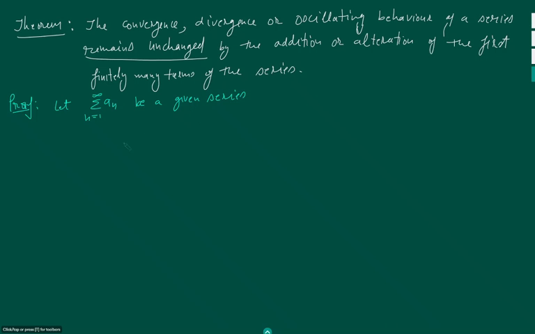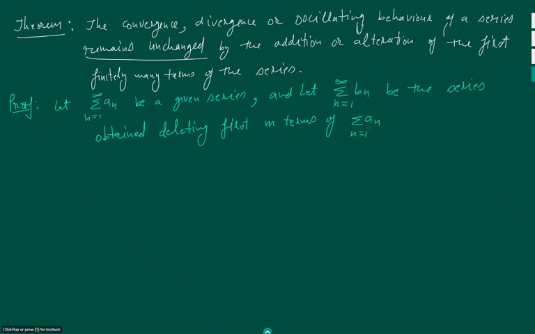And let the series bn be the series obtained after deleting the first m terms of the given series.